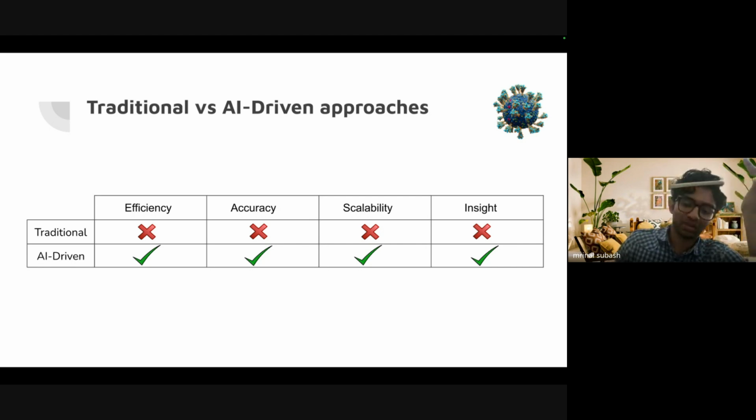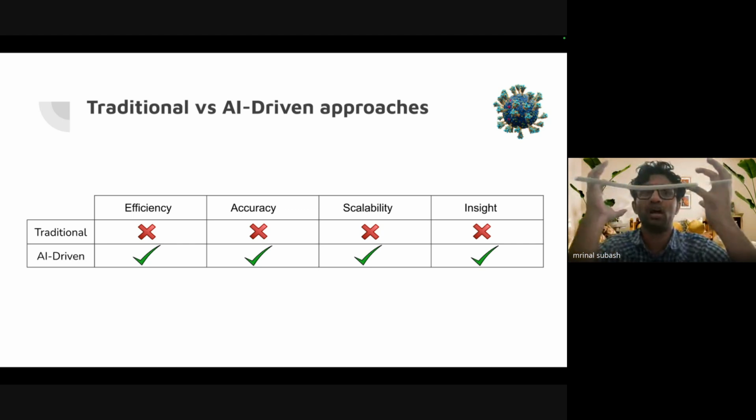And then comes accuracy. AI models, when trained on high quality data, can make more accurate predictions. When it is exposed to millions of sizeable data, and through maybe RAG, I think some of you would have heard of RAG.